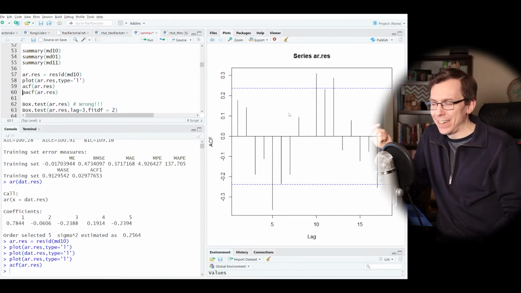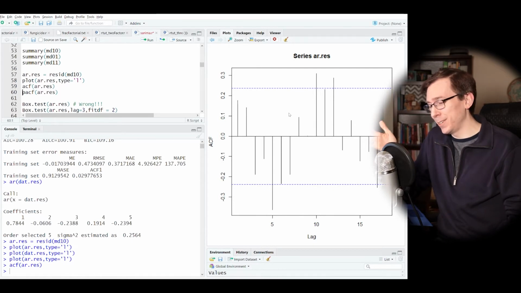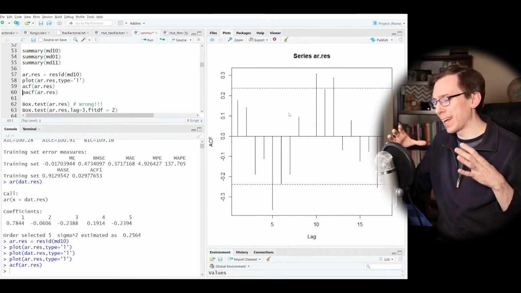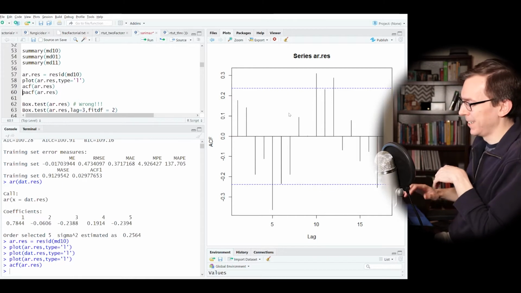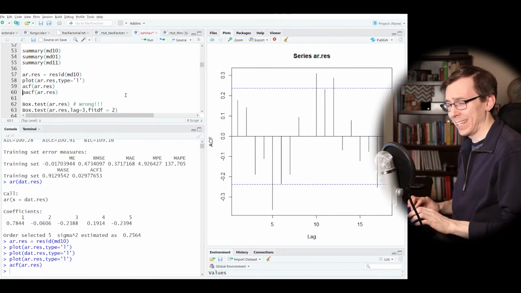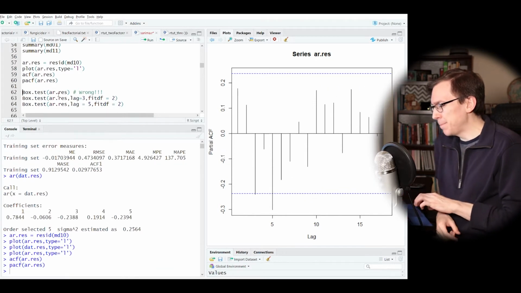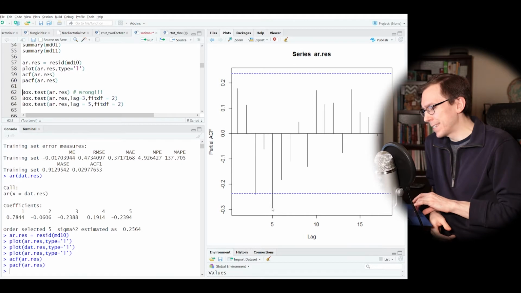So now it's asking the question, is there actually a seasonal trend of period 12 in our data, or is it something else like 10 or 5? I don't know. Let's keep going. We'll look at the PACF, and the PACF also seems to have this negative spike here at 5. So that's a bit strange.